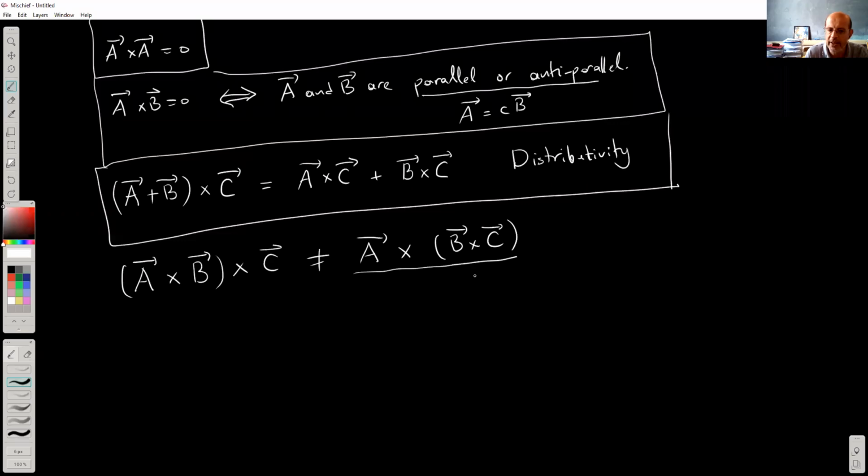This vector, for example, has to be perpendicular to A. The right-hand side has to be perpendicular to A. But the left-hand side doesn't need to be perpendicular to A. It has to be perpendicular to this one and to that one, and probably it is not perpendicular to A, right? So they are not equal, so that's not associative.